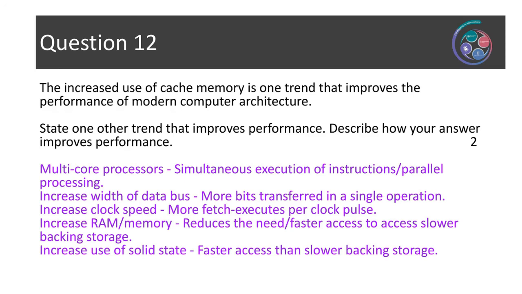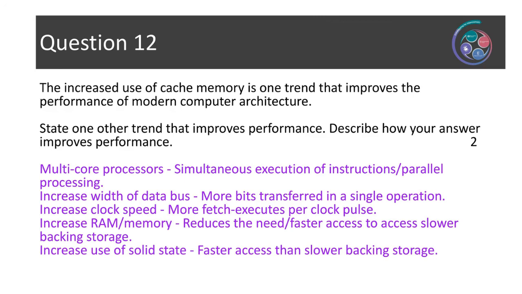We could also look at increasing the RAM or the memory, and this reduces the need for, or you've got faster access than, being able to access slower backing storage. So the more information you can have stored in the registers on the processor, or the more information that you can hold on cache, which is a small amount of memory which is part of the CPU, which is close to the RAM, that's going to speed up the process.